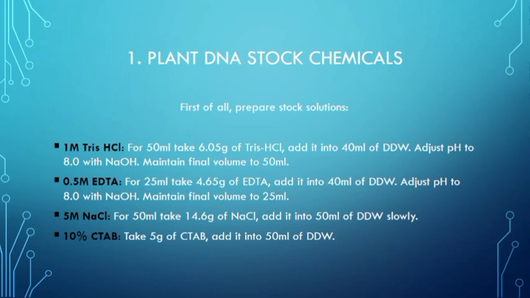Then the third stock is 5 molar NaCl. NaCl is also an important chemical, and you will have to prepare a stock, because usually the box you get is 1 molar, so you will have to prepare a 5 molar solution. For 50 ml you will need 14.6 gram of NaCl, added slowly into 50 ml of double distilled water.